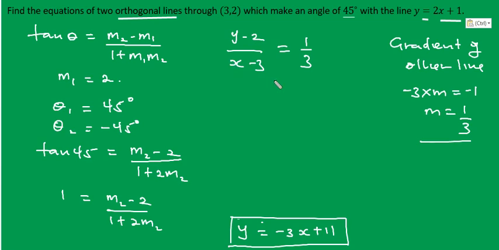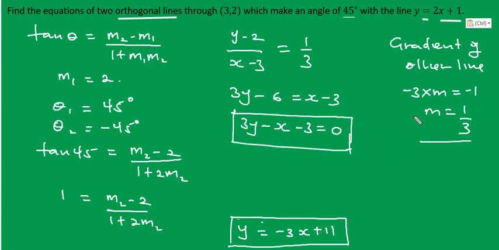So this will be 3y, if I cross multiply, minus 6 equal to x minus 3, giving me 3y minus x minus 3 equal to 0. So this is the second line.